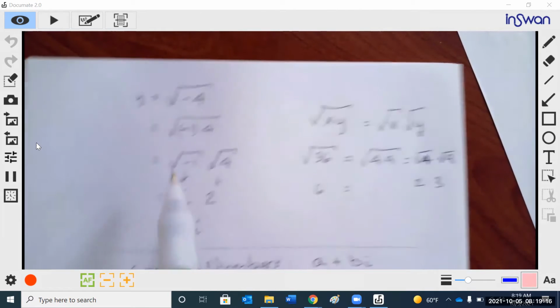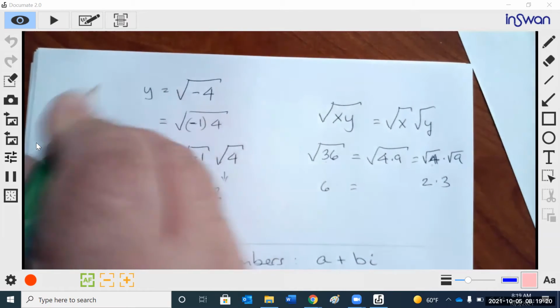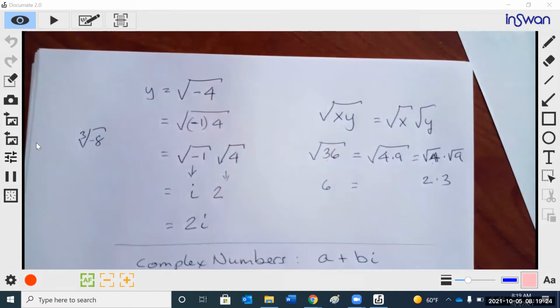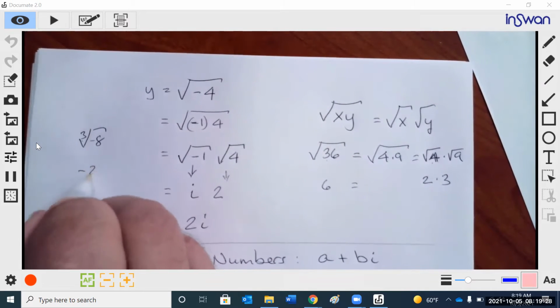Whenever you have a negative inside a square root, an even root, it's a problem. If we had the cube root of -8, an odd root, you can have a negative answer.